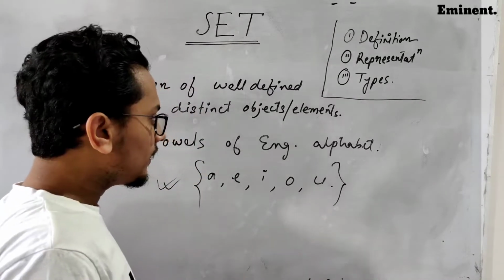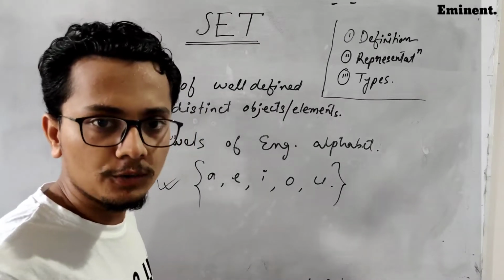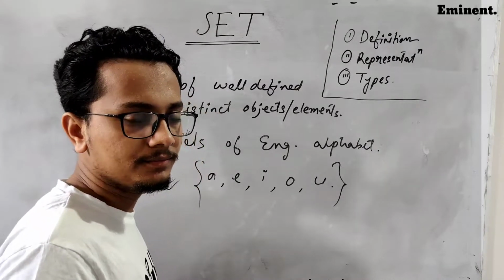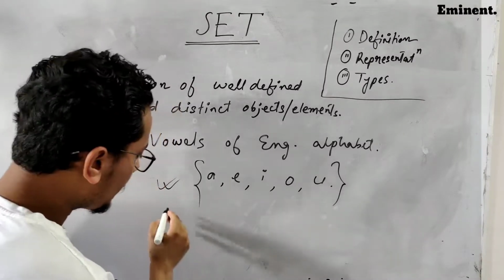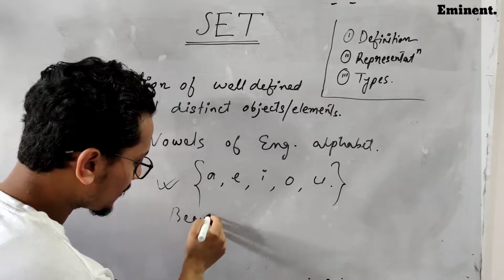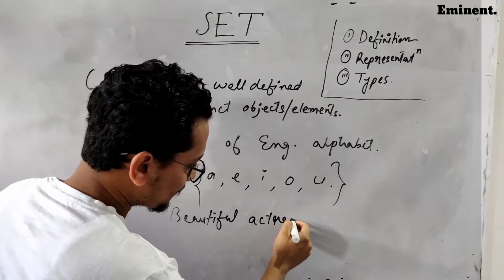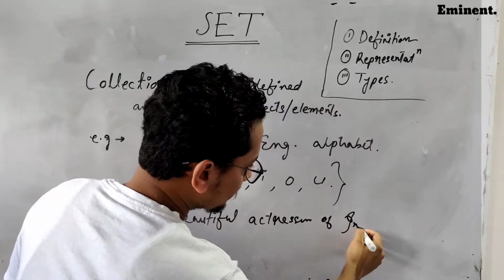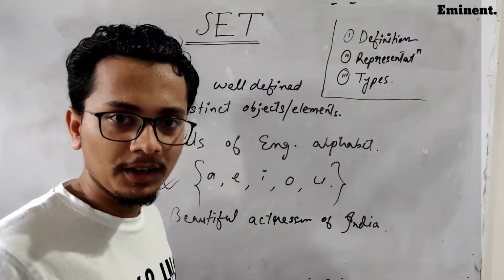Okay, then the question is, which is not distinct, which is not well defined. Let me take another example. For example, collection of beautiful actresses of India. Okay.